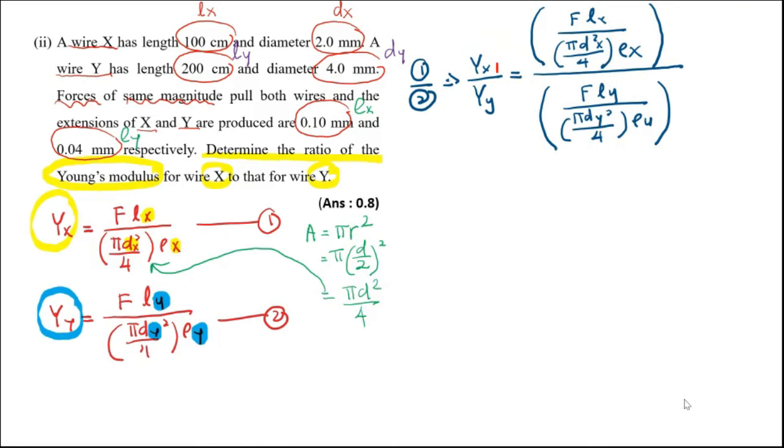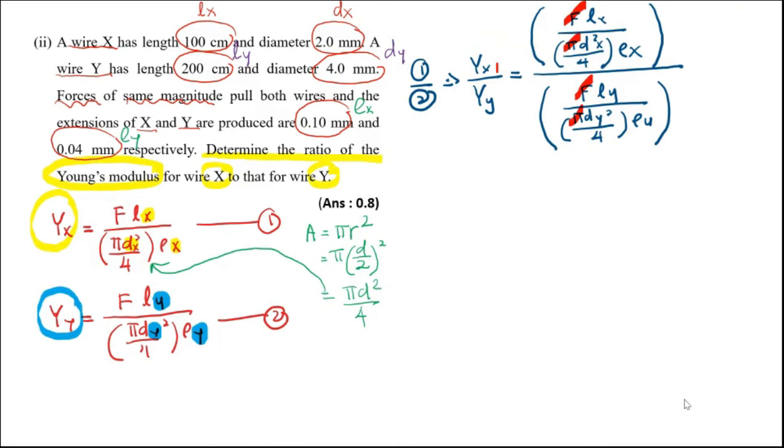Because the force applied is the same, we can cancel off the force here. Then pi can also be cancelled off, and 4 can also be cancelled off.